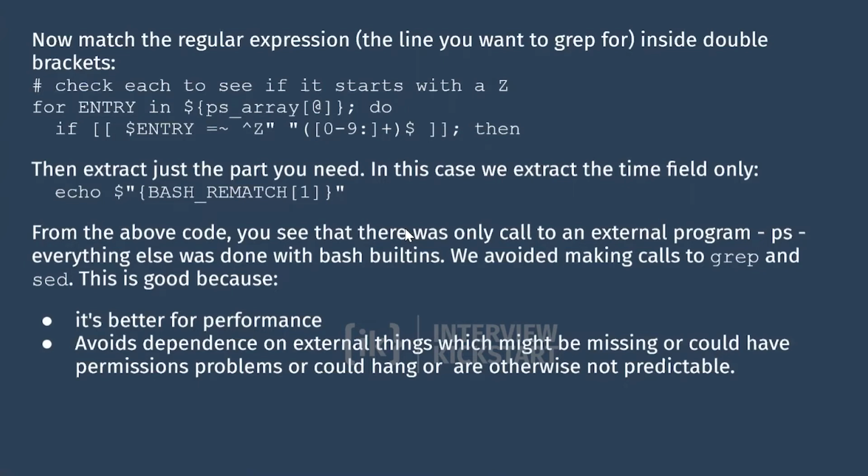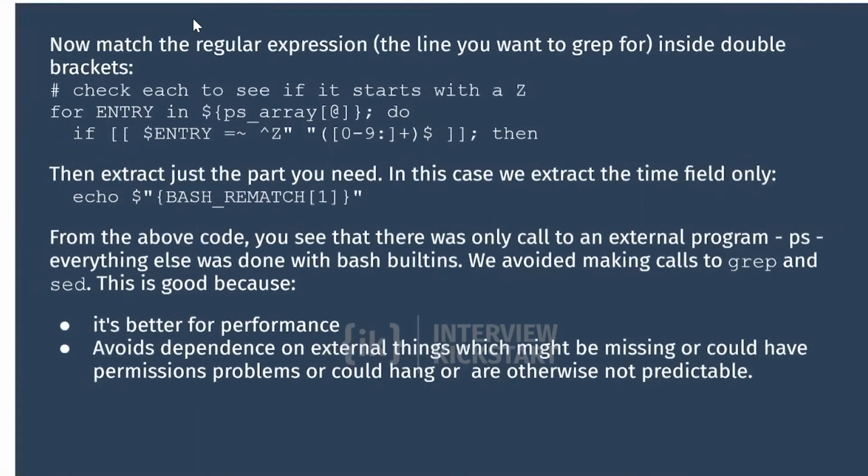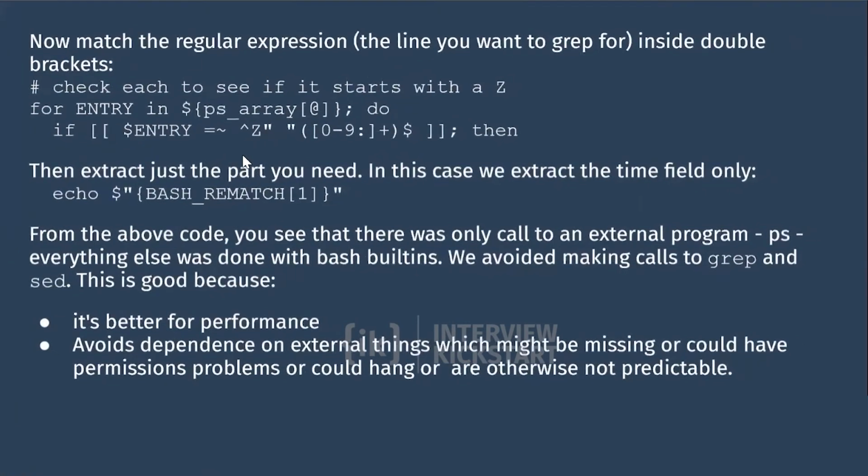So the way I do that in bash without using grep or anything is I will iterate through the elements of the array. And the important part to understand here is the double brackets with the regex matching here. We've got three things going on. We've got regex matching on the Z, followed by space.